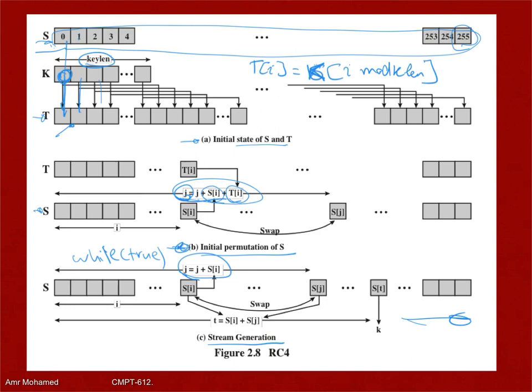And we keep doing that recursively forever. For every step, we swap, and we output that byte. So the byte here is the current stream byte that you will output as part of the random sequence. And we keep doing that forever, as long as you want.